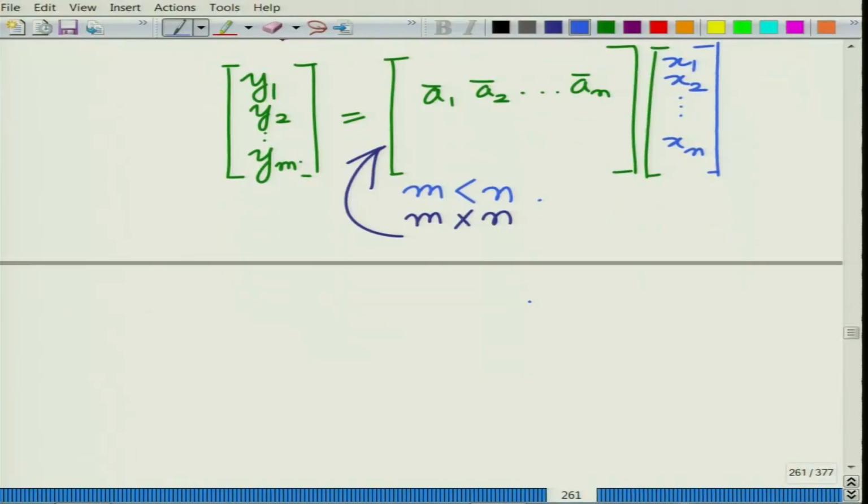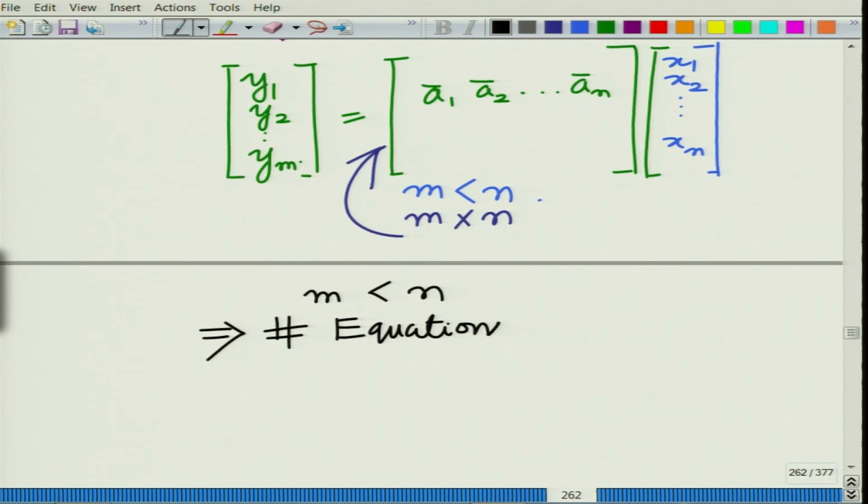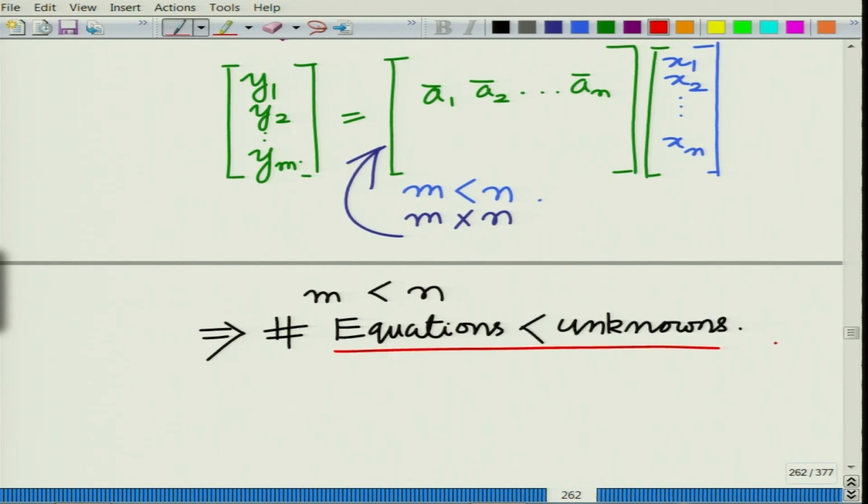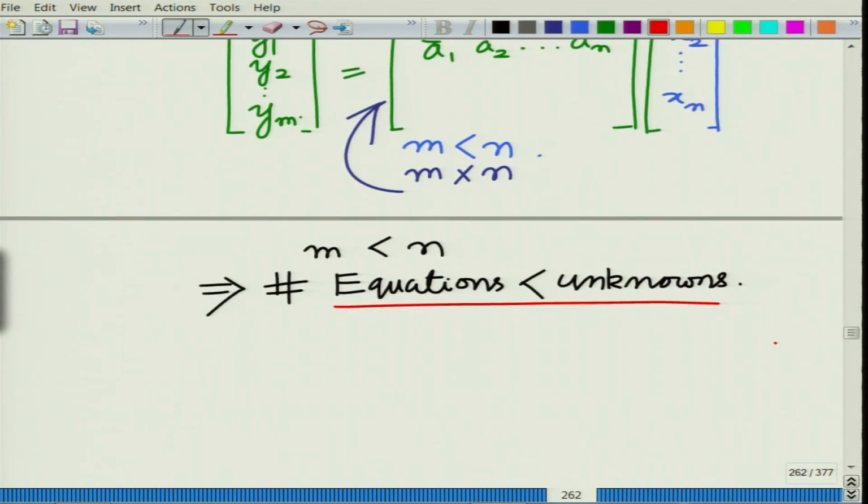So, this system of linear equations is characterized by the fact that the number of equations is less than the number of unknowns.